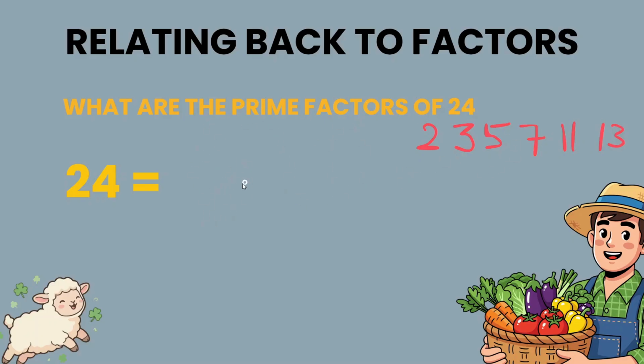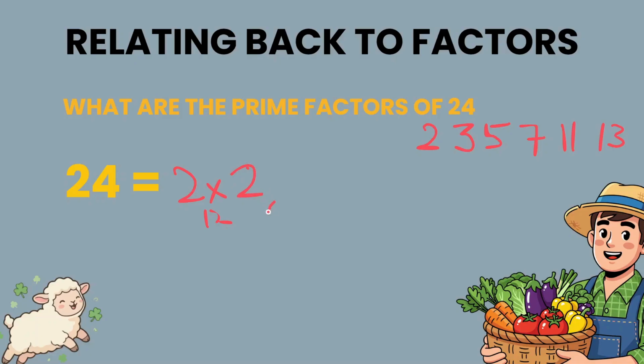What's the next step? We're going to divide one by one. First, we try to divide 24 by 2. Can we divide or not? Can. 24 divided by 2 is 12. After that, we try 2 again, don't skip. 12 divided by 2 is 6.